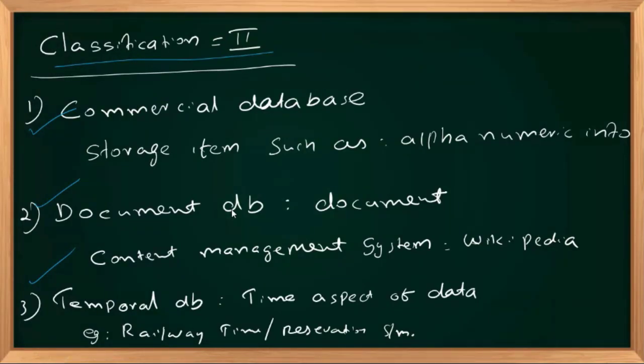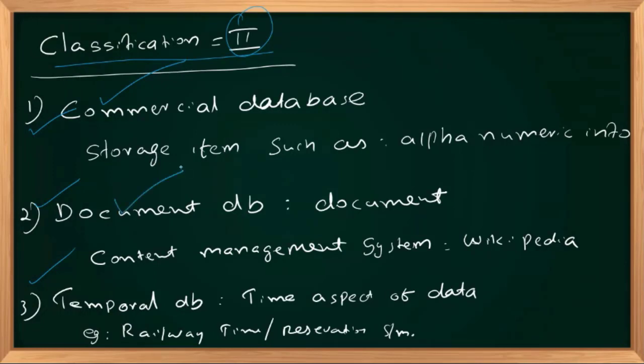Another classification, classification 2, consists of a set of database systems. First one is commercial database.